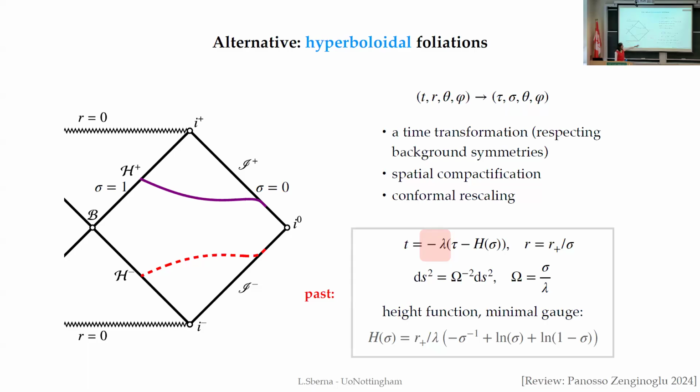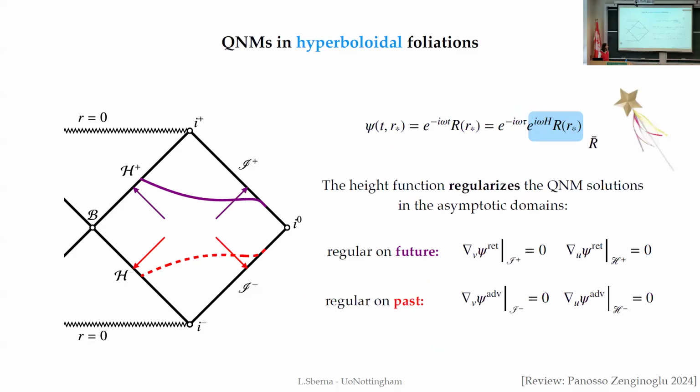And here I'm going to use as the height function, this function that is producing your hyperboloids, this form here, known as the minimal gauge. So the power of these hyperboloids is that not only they connect to these nice regions of the space-time, but they also regularize the QNM solutions. So in particular, QNM solutions that are regular on future hyperboloids are the retarded QNM solutions.